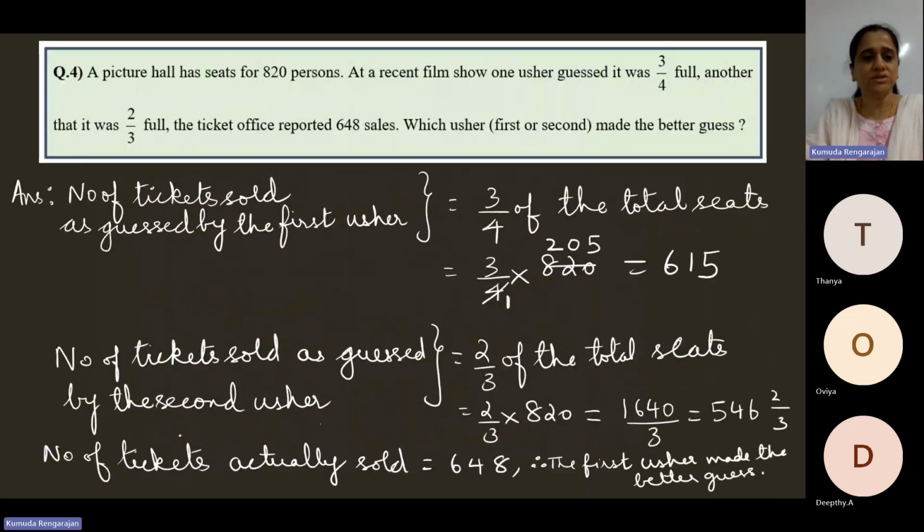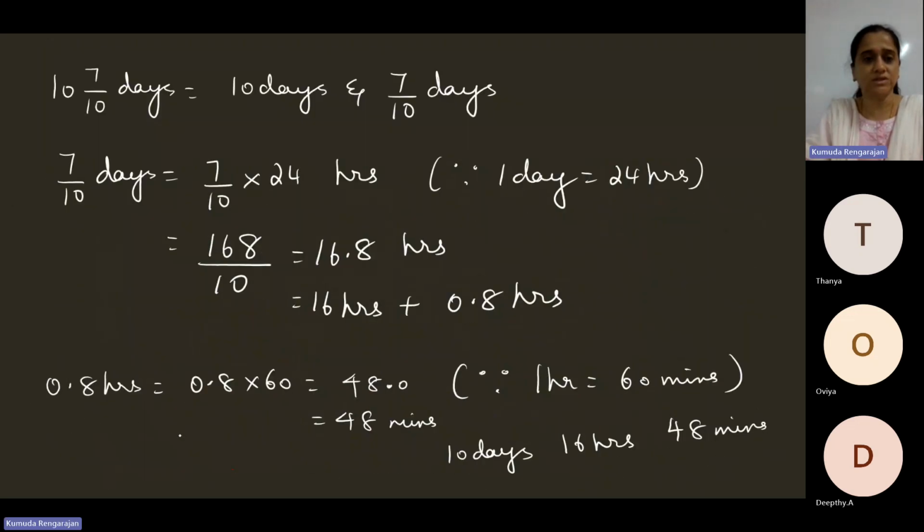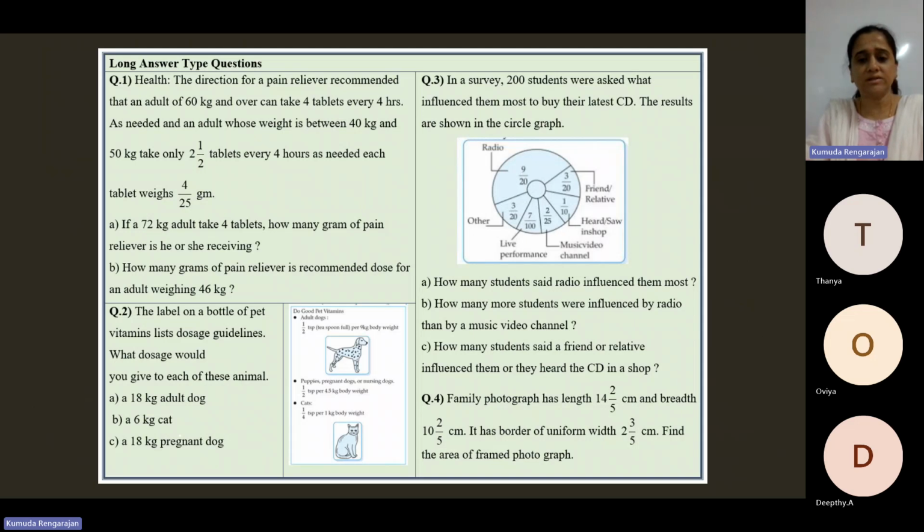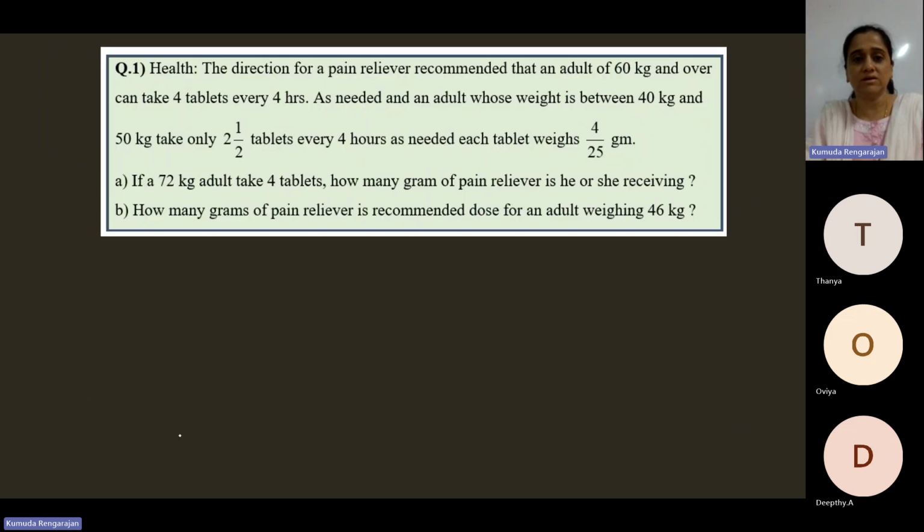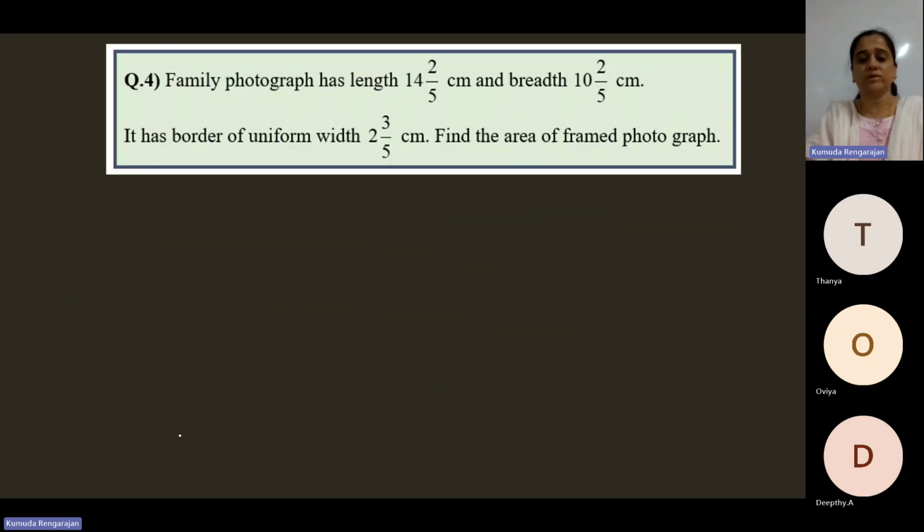The other day we finished these 5 answers. And in this one, I think I did only the third one, right? Yeah, we'll do the fourth one. Yeah, now start working. All these answers of the assignment which we discussed, I'll share with you on WhatsApp. You can complete it.